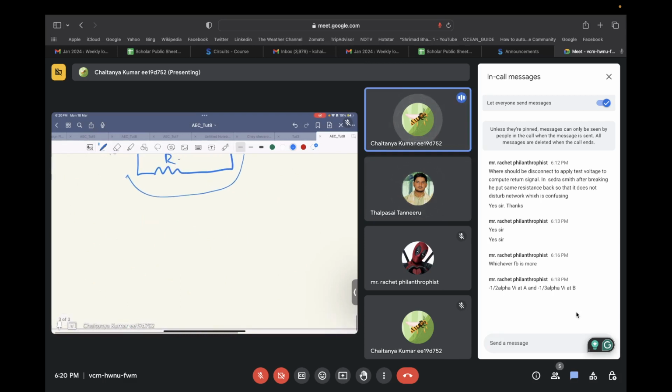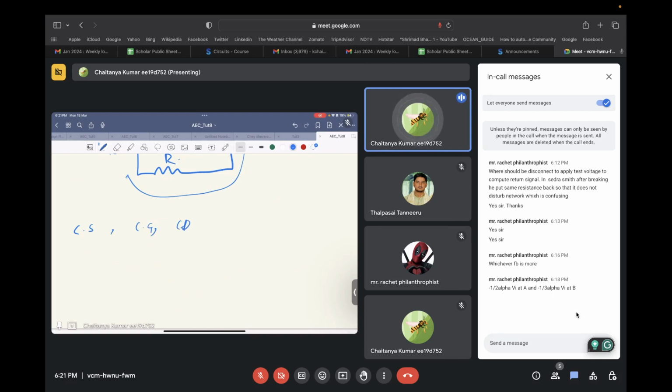Okay, so in that case you should identify the sign. Whatever circuits you encounter, you can always find whether the transistor is connected in a common source configuration, a common gate configuration, or a common drain configuration.